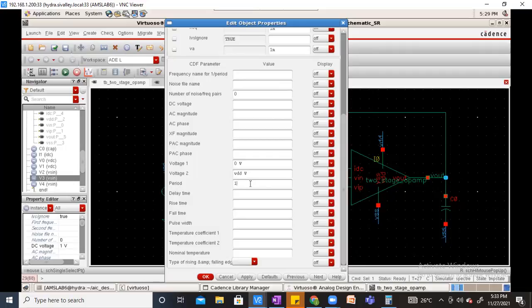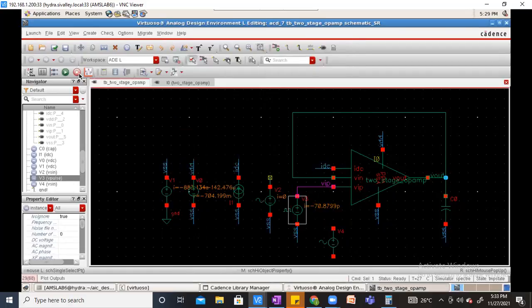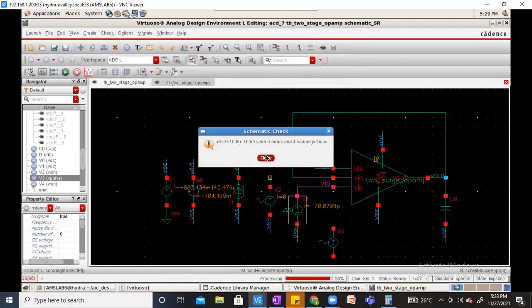The frequency is one microsecond. Rise time, let's say 100 picosecond, and fall time is also 100 picosecond. Okay, first I'm getting the input. Let's see how exactly the output behaves.